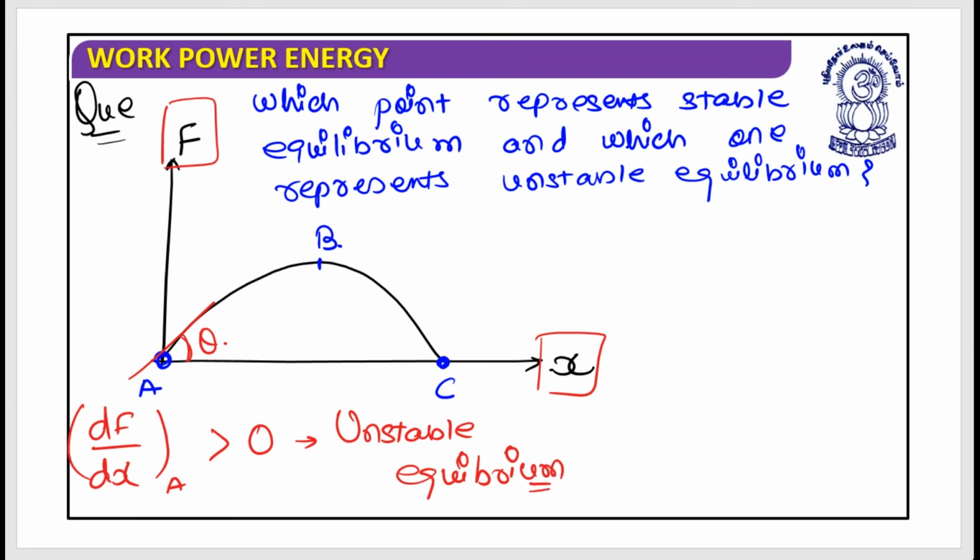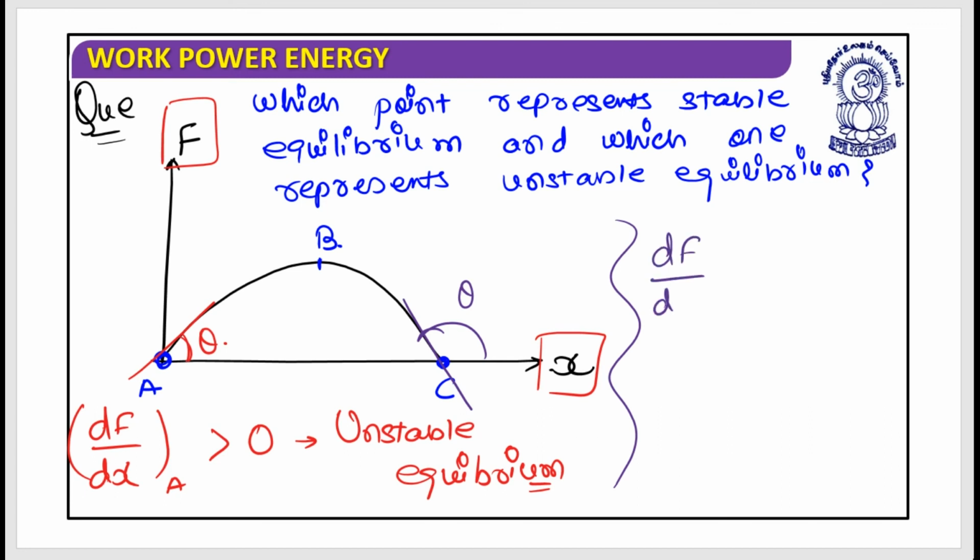Even from this you can conclude that A is the position where the potential energy of the system is maximum. I hope this is clear. Now let's look at the point C. If I make an angle over here, this is theta, and as you can see this theta is obtuse.